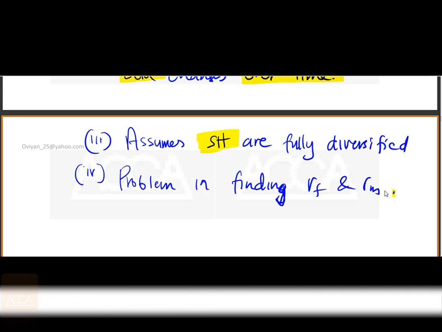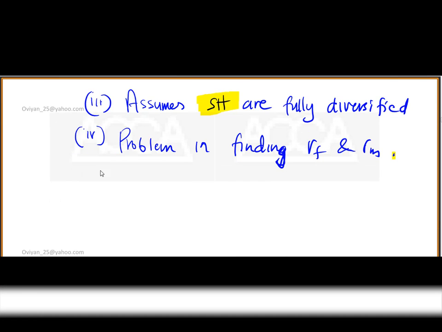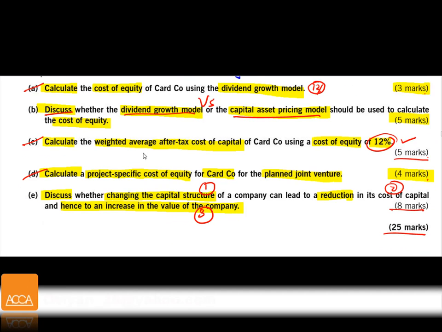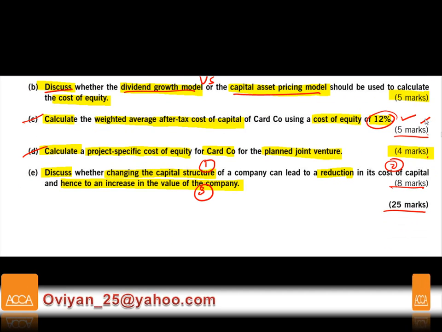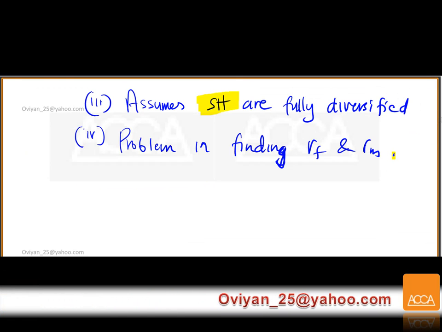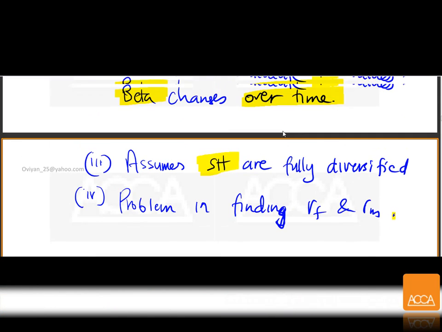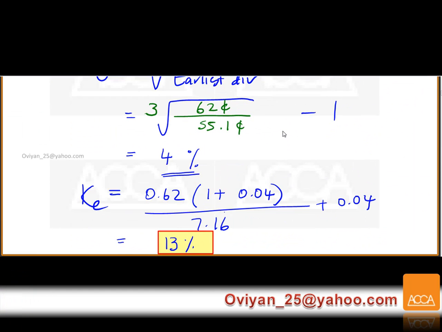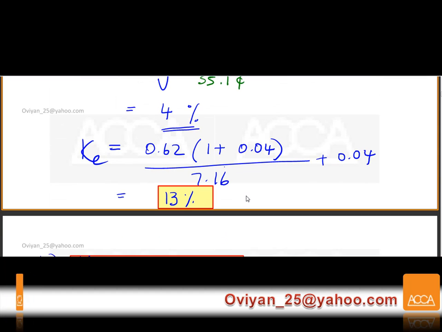It's moving every day. So this is what I would write for part B in general to get the 5 marks. The next one is a straightforward 5 marks question. Calculate the weighted average cost of capital using cost of equity of 12%. If you notice just now, the answer that I got in part A was not 12%, it was 13%.